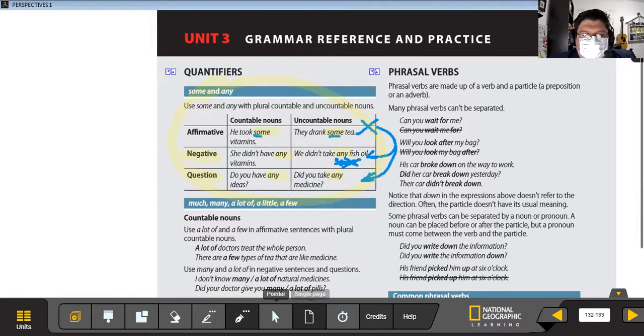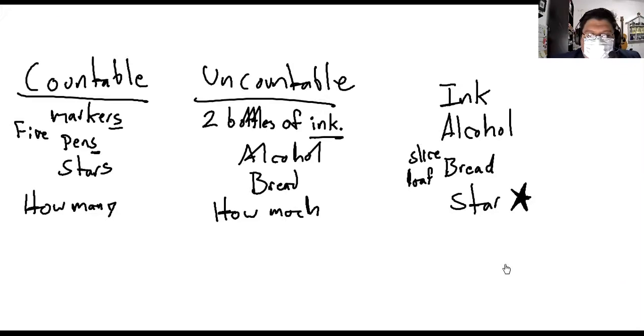What I want you guys to do is identify if it's countable or uncountable. I want you to use how many, how much.